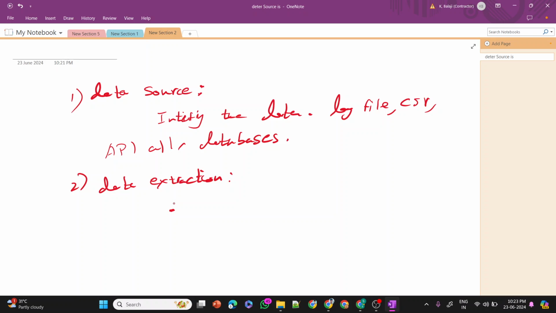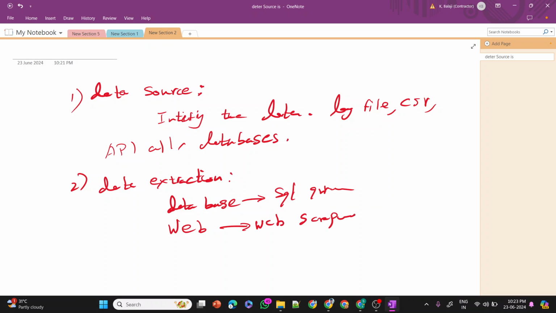For example, when data is stored in a database, we can get the data by using an SQL query. When the data is hosted on the web, using web scraping, we can get the data.